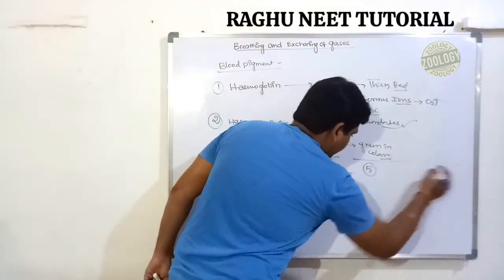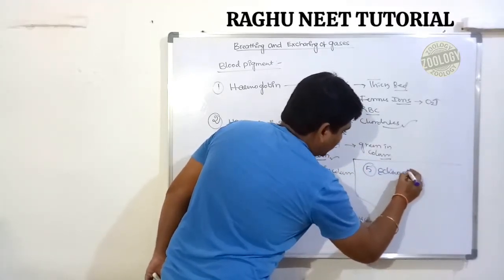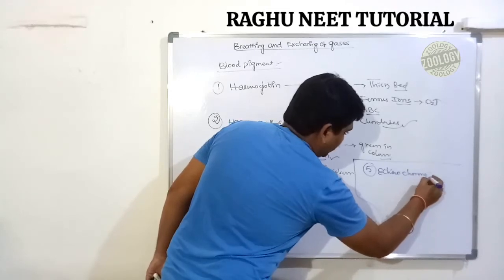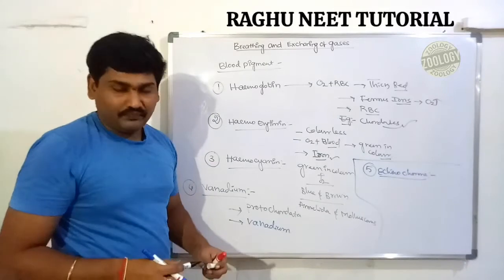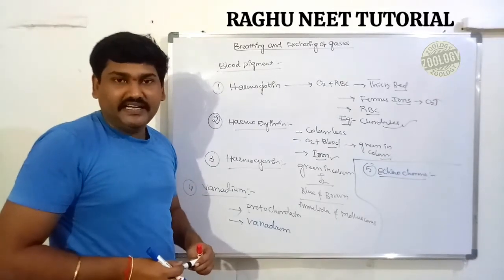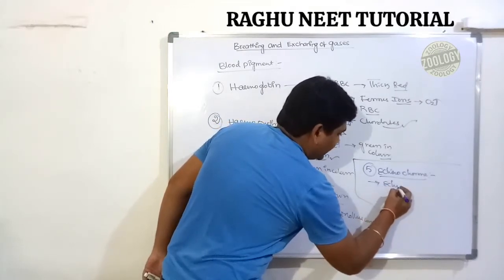Next one is echinochrome. Chrome means color. What is the echinochrome? This echinochrome is one of the blood pigments in echinodermata, like the starfish. The metal content is iron.